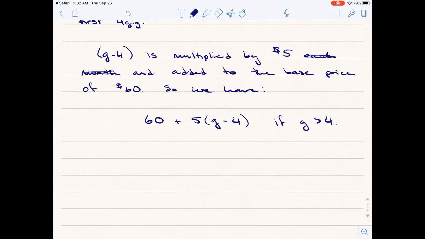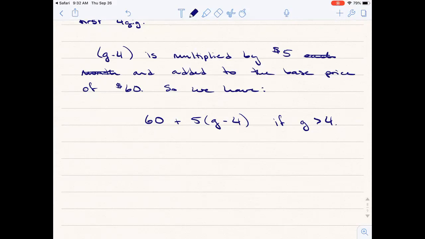So why wouldn't you just do something like this? Assuming x is representing the gigs, then you're paying 60 plus 5 for every gig, even the first 4.